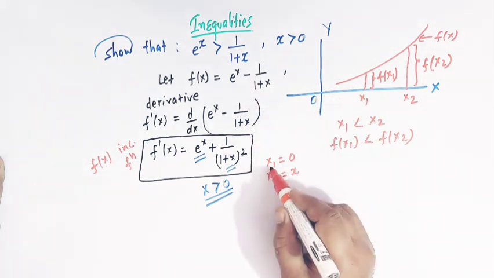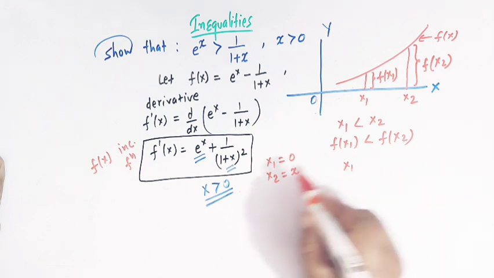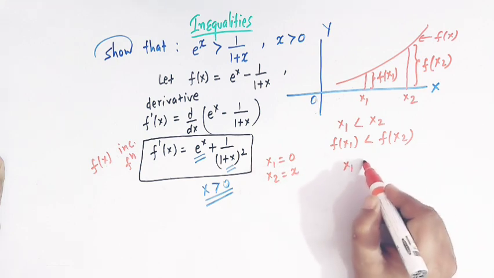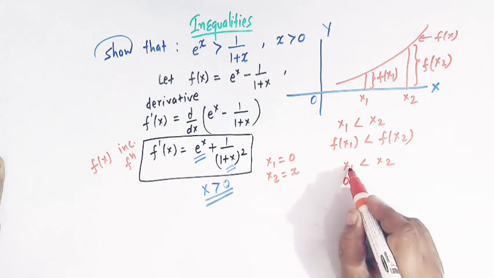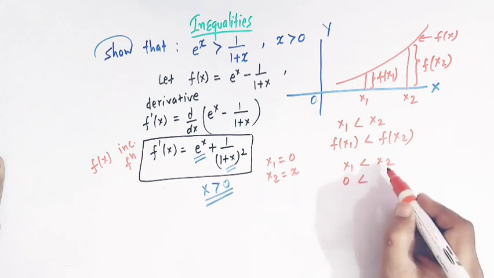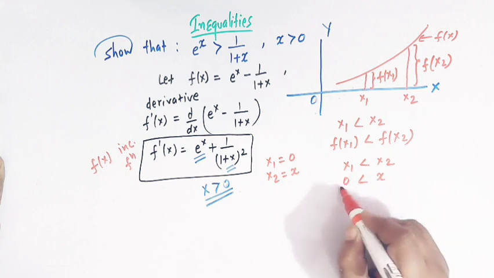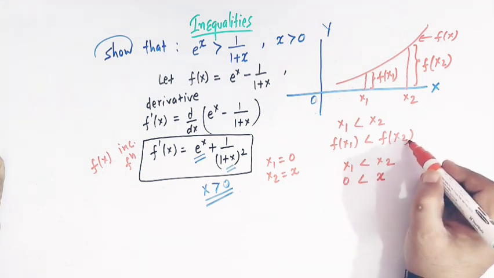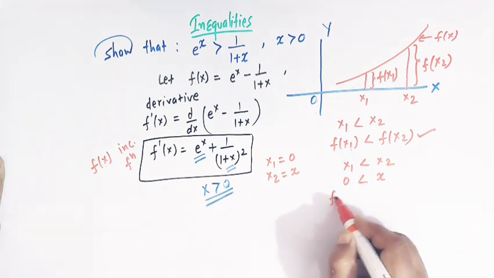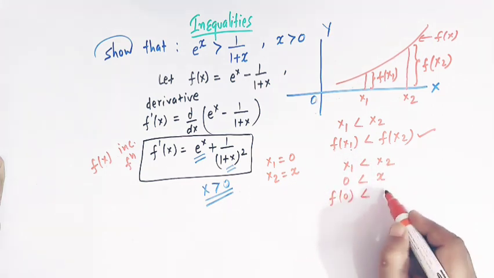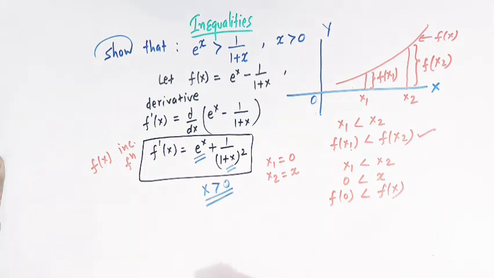So when x1 is less than x2, it implies that x1 is 0 and x2 is x, that is, x is greater than 0. So from this definition, f of x1, that is f of 0, must be less than f of x.